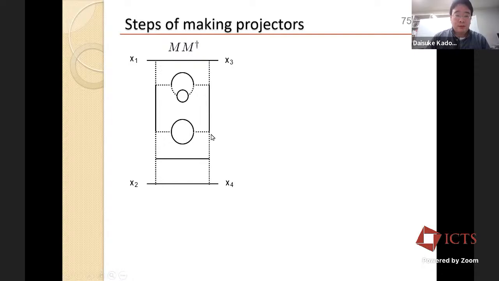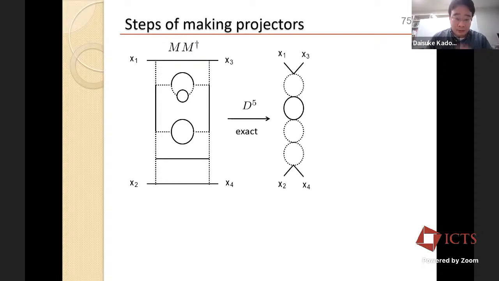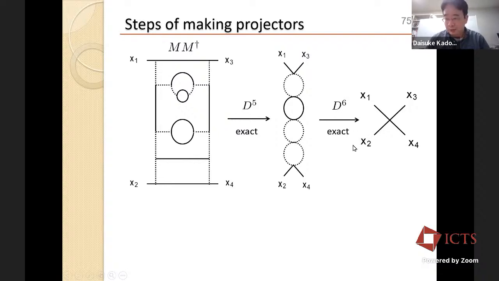All the tensors in this diagram are rank 3 tensors. Taking the contraction of some internal links, we obtain this diagram exactly from this diagram at the D to the 5th cost. And taking the contraction in this diagram, M M dagger is obtained at the D to the 6th cost exactly.